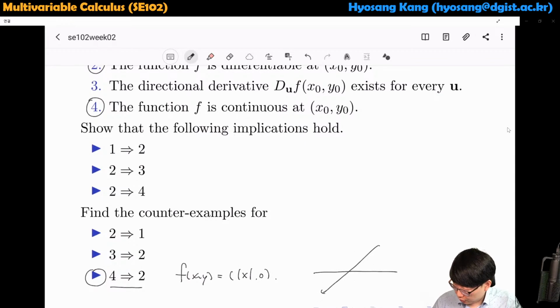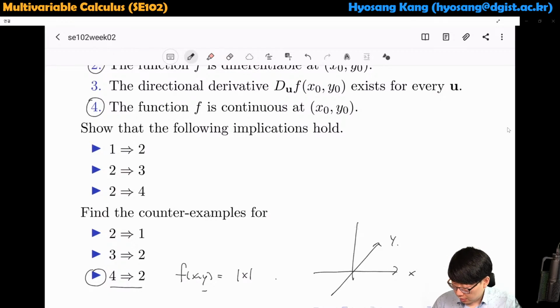This is the easiest one. On the xy plane, the function is, well, sorry, what am I doing? Just the value of x. So it doesn't matter about the value of y, it only matters on the value of x.